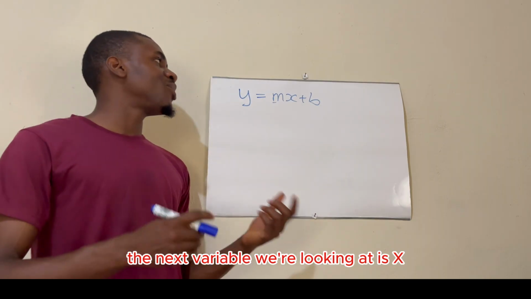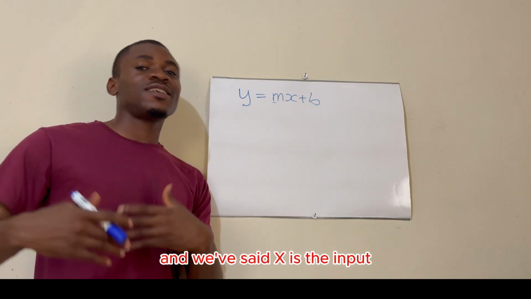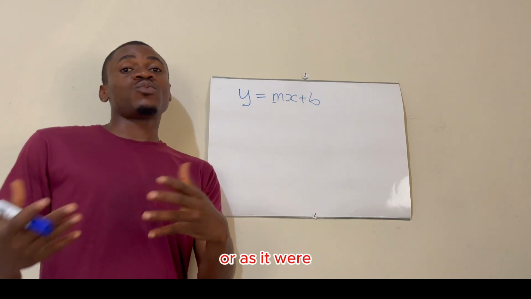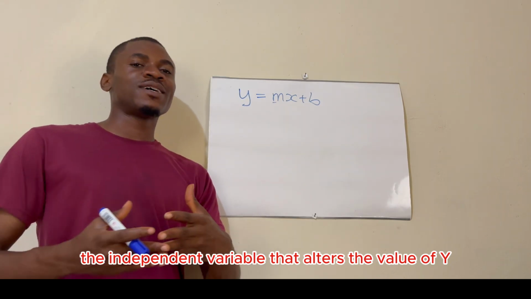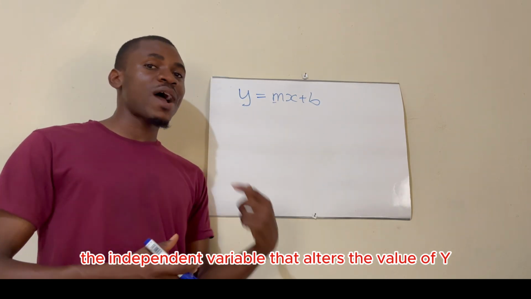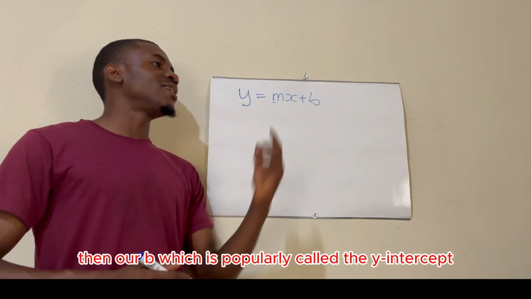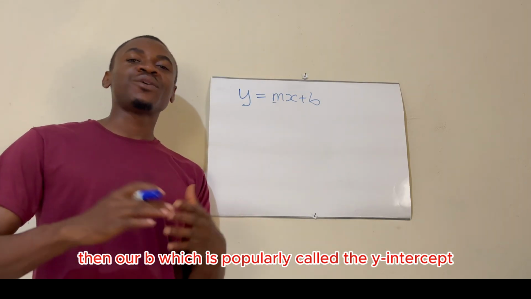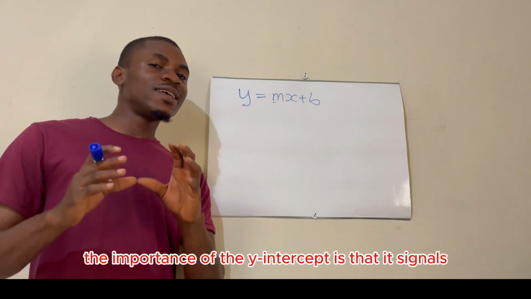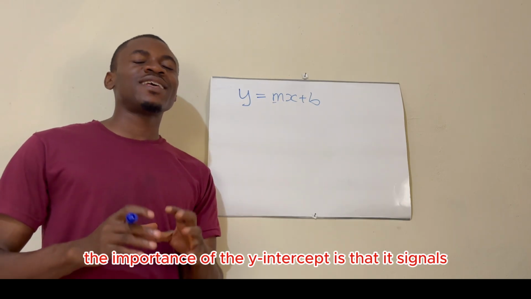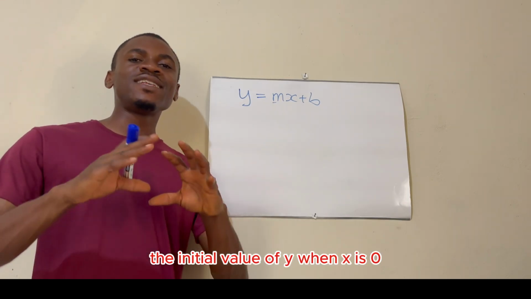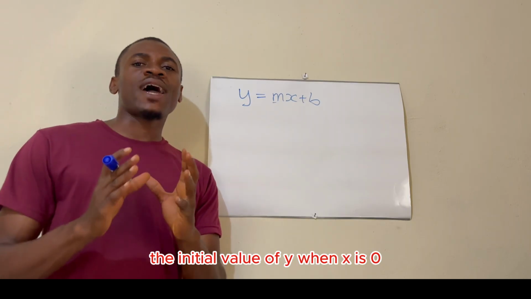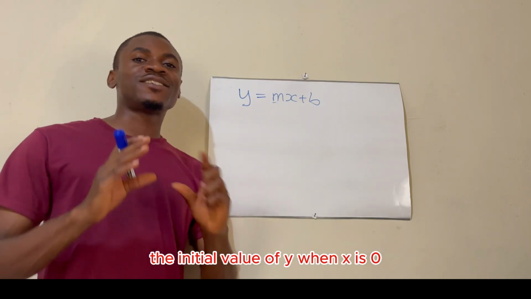The next variable we're looking at is x, and we've said x is the input, or as it were, the independent variable that alters the value of y. Then our b, which is popularly called the y-intercept. The importance of the y-intercept is that it signals the initial value of y when x is 0.